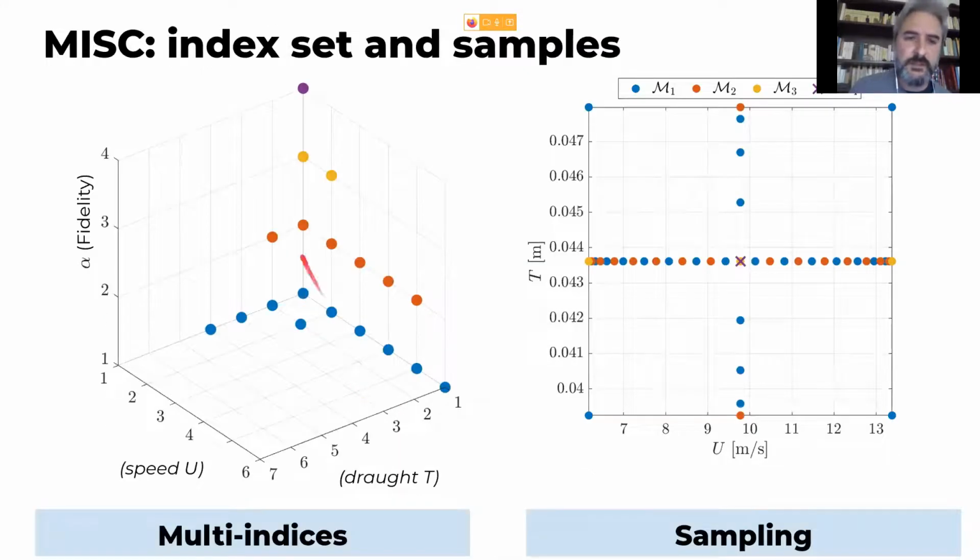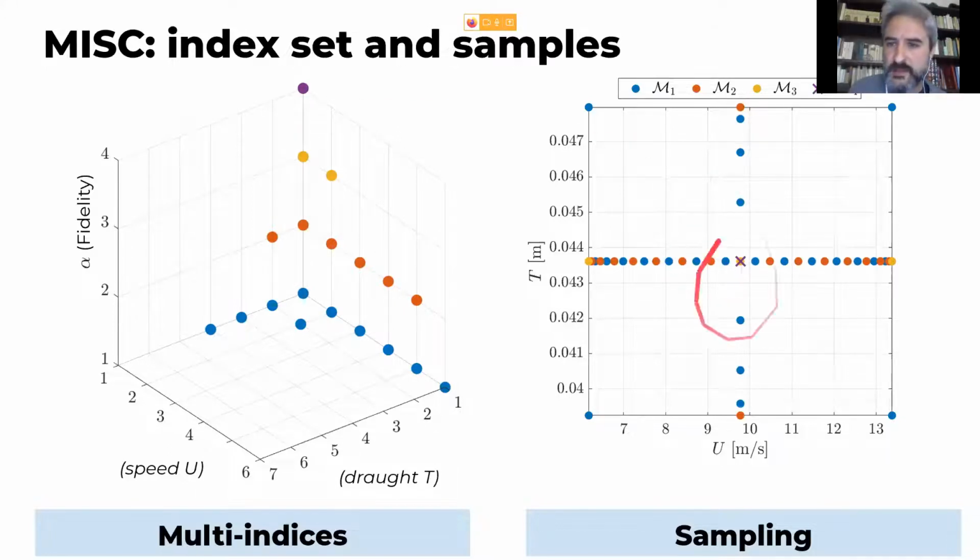But at the end of the day, this is the index set that you will get applying this adaptive algorithm to our naval engineering problem. Again, here in the vertical, you see the fidelity that I'm sampling, so the mesh where I'm solving the PDE. And in the horizontal plane, you see the multi-index set that I'm using for my sparse grid in parametric space. So you see I have a larger sparse grid over the coarser fidelity and a smaller sparse grid on the higher fidelity.